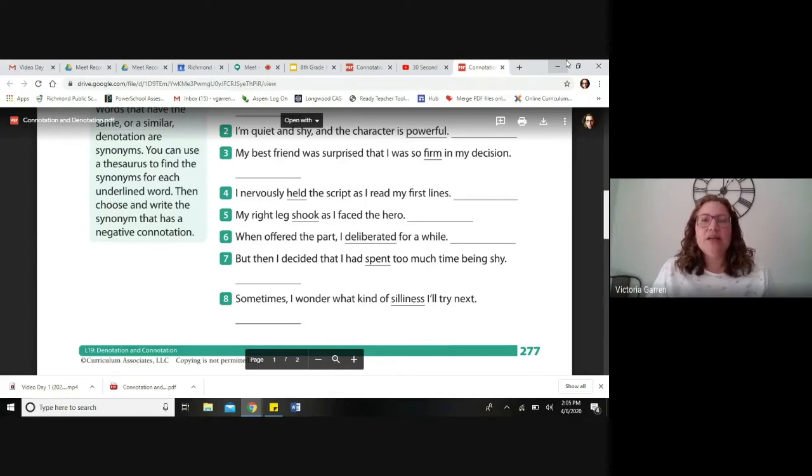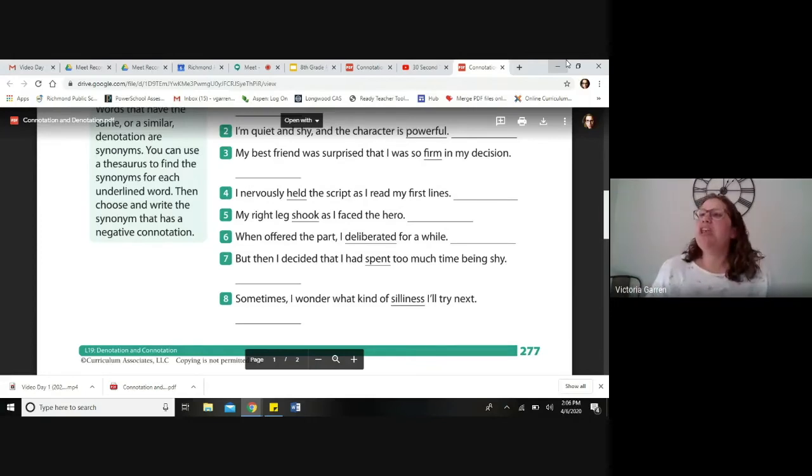Number 6, when offered the part, I deliberated for a while. When you deliberate, if you see the words for a while, then that means that they took a long time. So the word deliberate means that you think about something for a long period of time. Deliberate is a positive word. We need to replace it with a negative word.